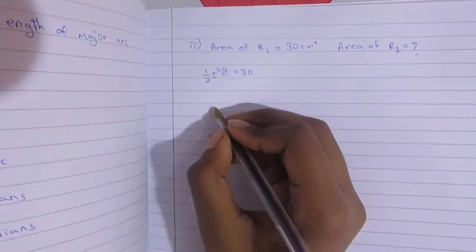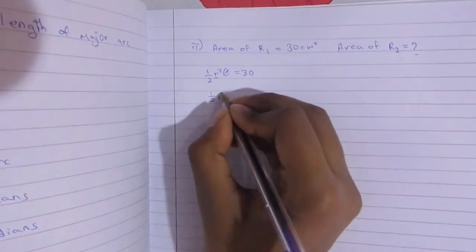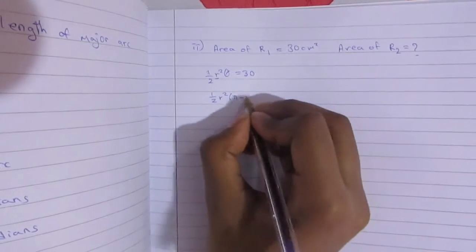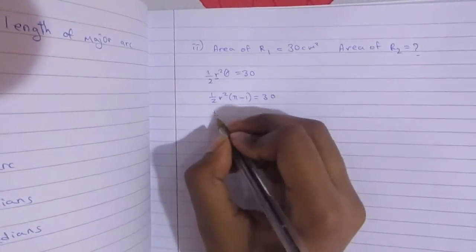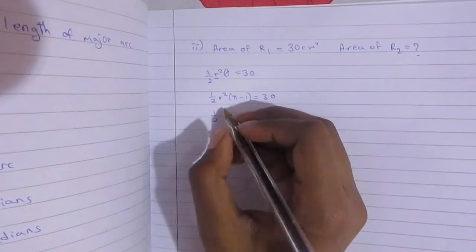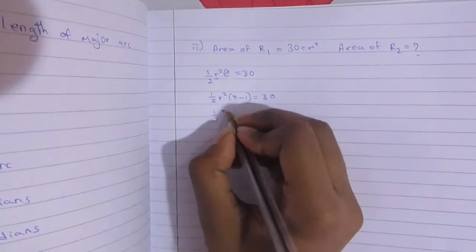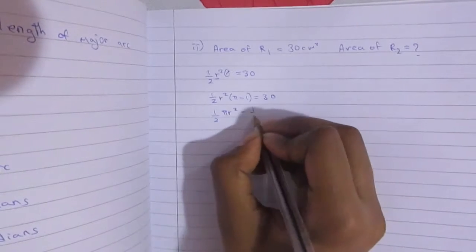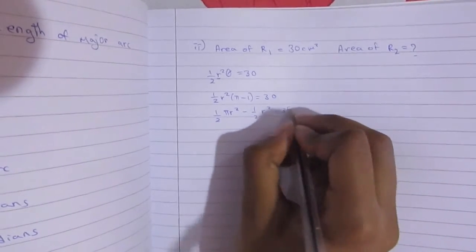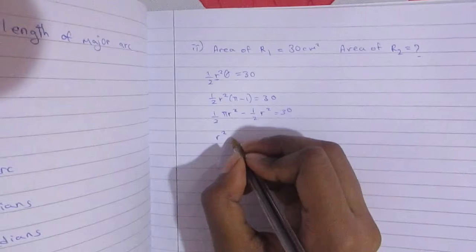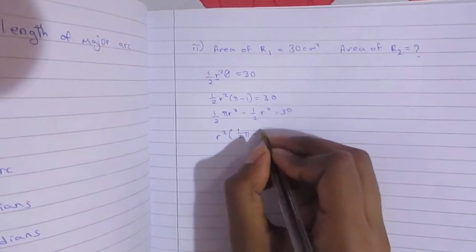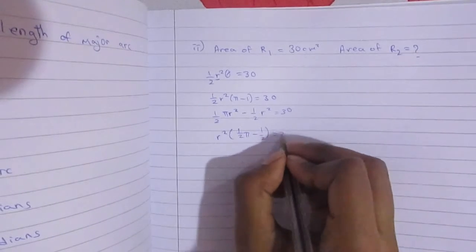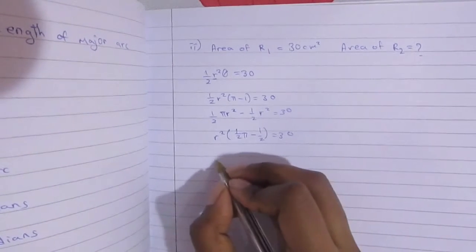So half r squared times pi minus 1 is equal to 30. We can just divide the 30 by pi minus 1 right away, or we can just expand it like I did right now. So half pi r squared minus half r squared is equal to 30. Take out r squared, which is the most common factor here. So r squared times half pi minus half is equal to 30.